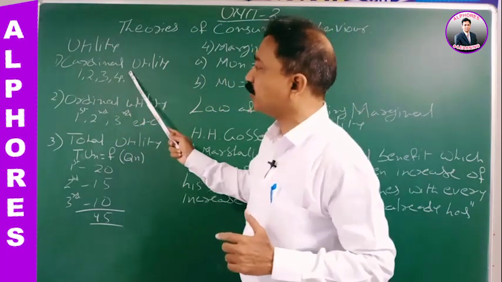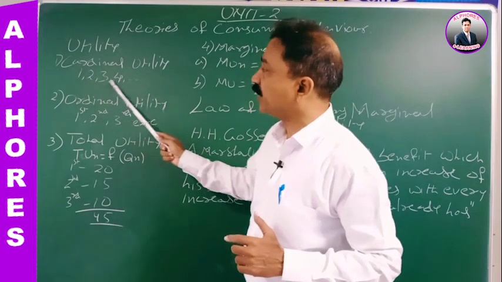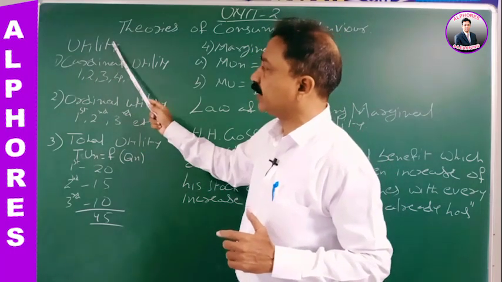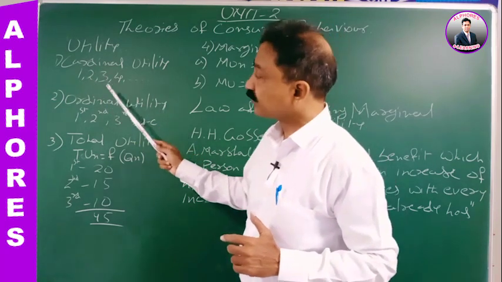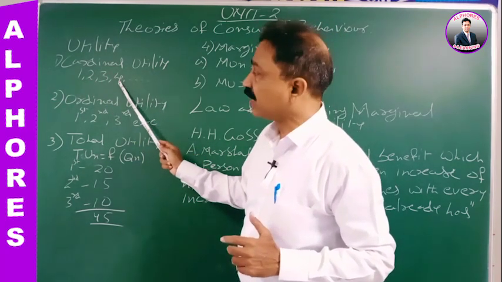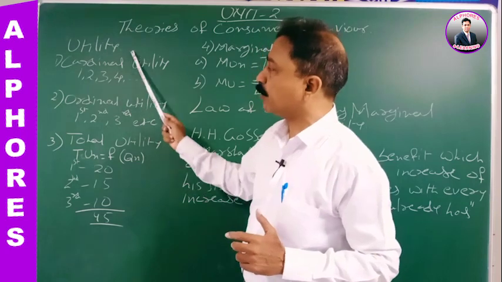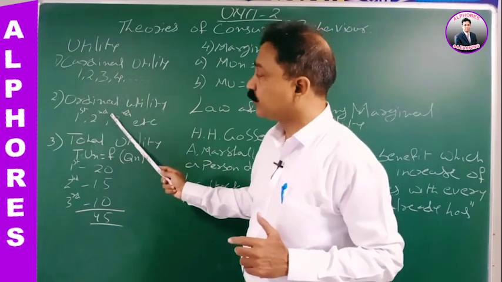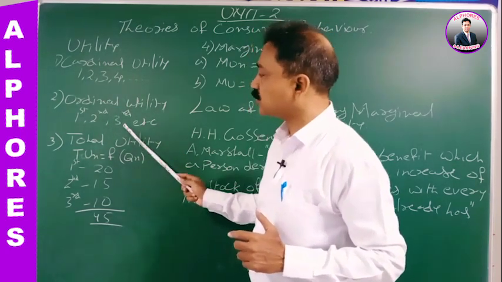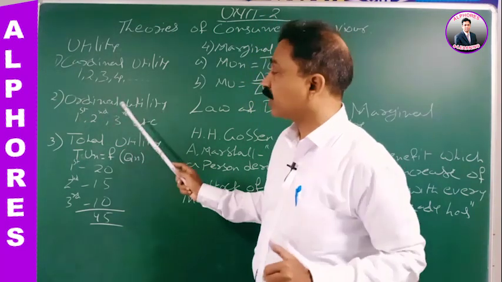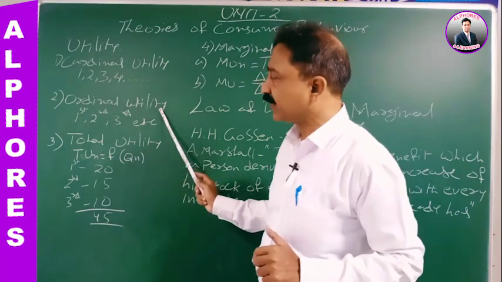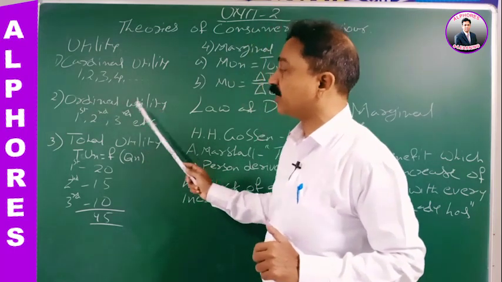Okay, so cardinal utility means if you use cardinal numbers to measure utility, then that measurement is called cardinal utility. In this one, measuring as well as comparison is possible. Ordinal: if you use ordinal numbers to compare the satisfaction, then it will be called ordinal utility.